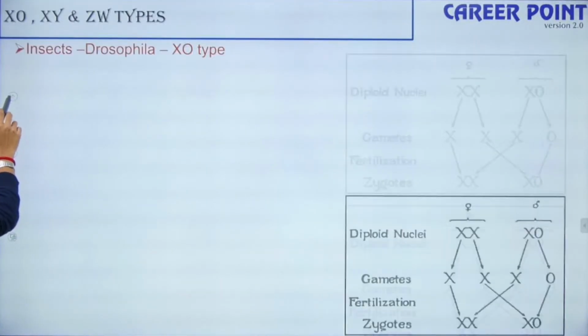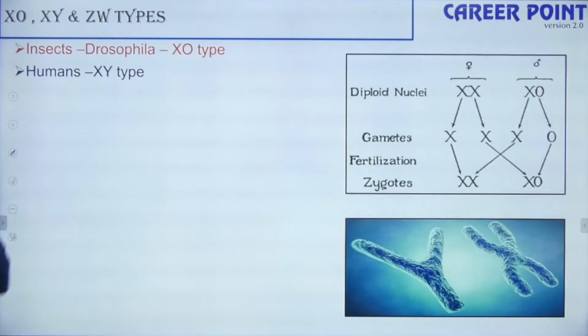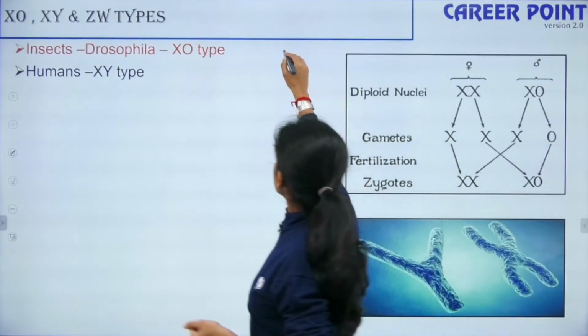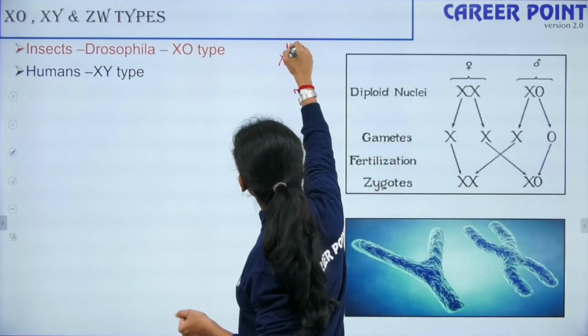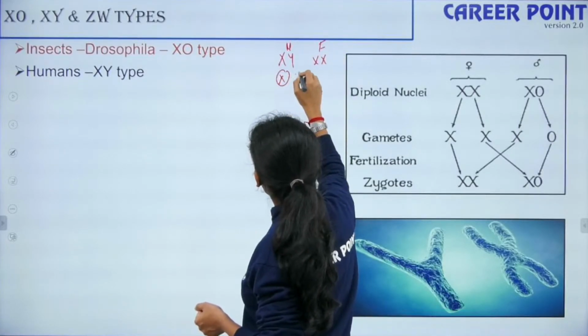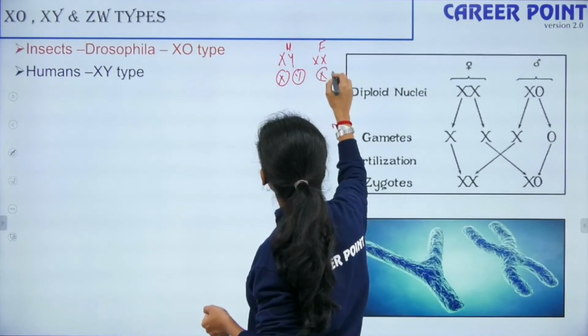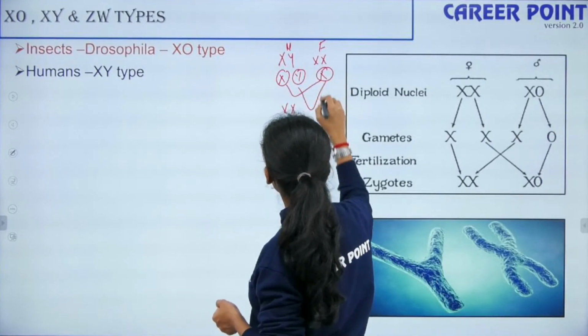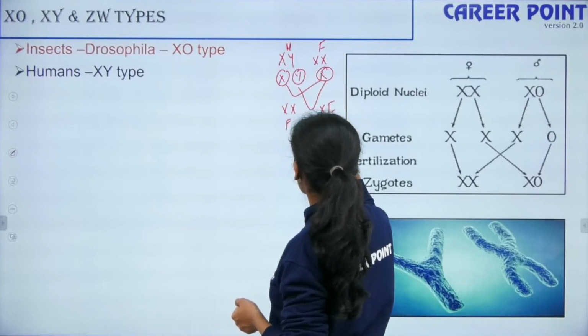So how is the sex determined in a lot of cases? In humans, you know it is the XY type, right? The male is XY and the female is XX. So the gametes of the male can be X or Y, and the female gametes can be only X. The XX combination makes a female and the XY combination makes a male.